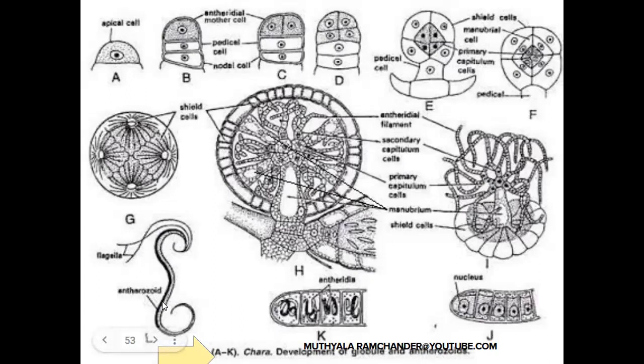At the matured stage of the globule, the shield cells break and the male gametes or antherozoids come out from the globule, and they easily swim in water to reach the nucule for fertilization. This is the development of globule and male gametes in the Chara.